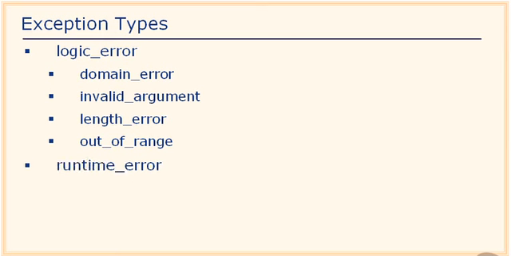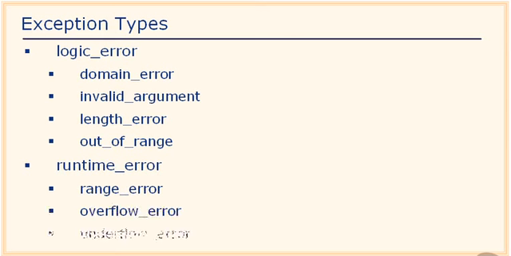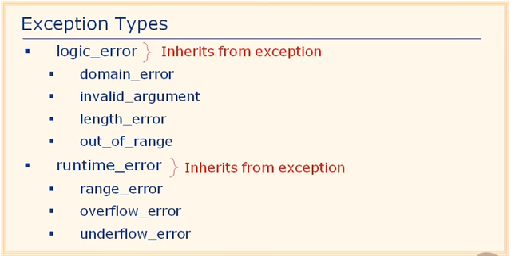Then we have the runtime error group of classes, and this gives us range errors, overflow errors, and underflow errors. The way to understand these, and what's kind of interesting here, is that the logic error and runtime error classes inherit directly from exception.